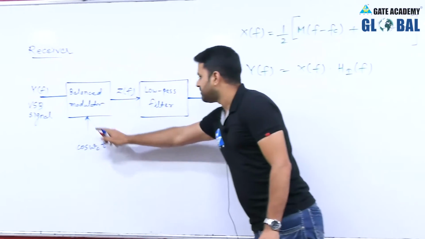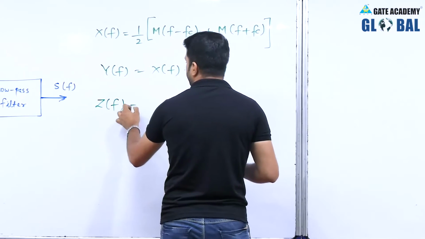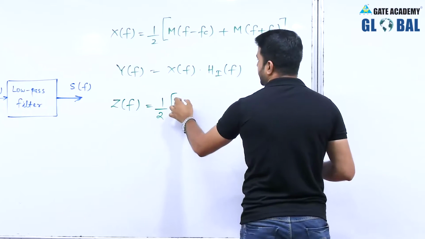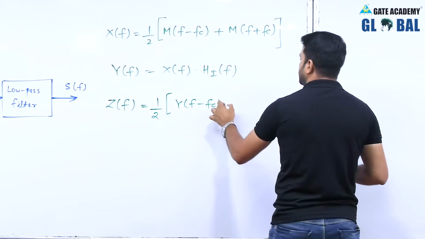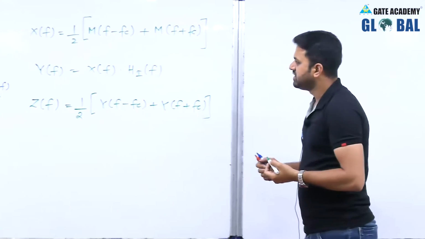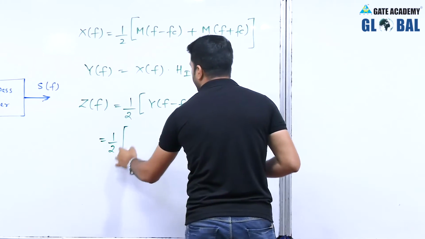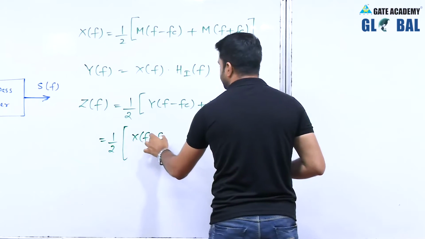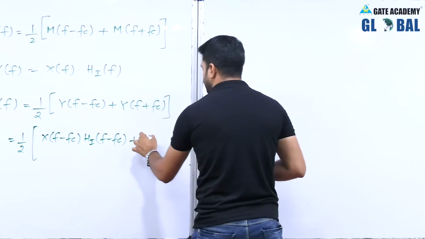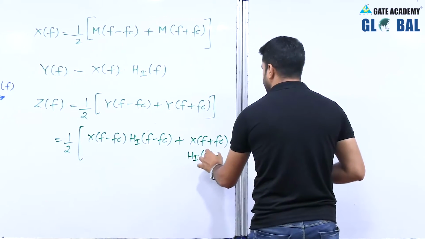Now Y(f) modulates this carrier, so this Z(f), the output of the balanced modulator at the receiver, will be again 1/2 [Y(f − fc) + Y(f + fc)]. Now we have Y(f), so from here we get 1/2 Y(f − fc), that means X(f − fc) into H_i(f − fc) plus X(f + fc) and H_i(f + fc).